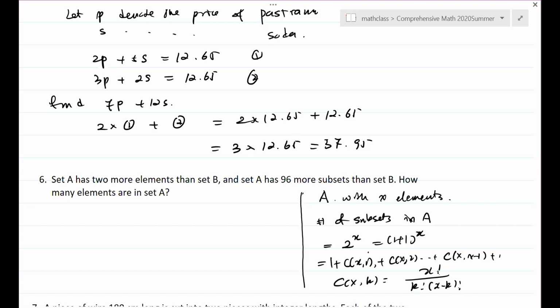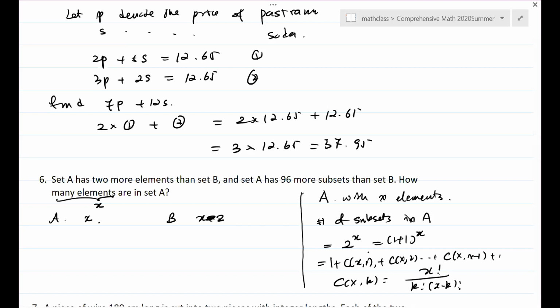If you know that, then I want to know how many elements are in A, so I put x here. Set A has 2 more elements than set B. So in A you have x, and in B you have x minus 2, right?